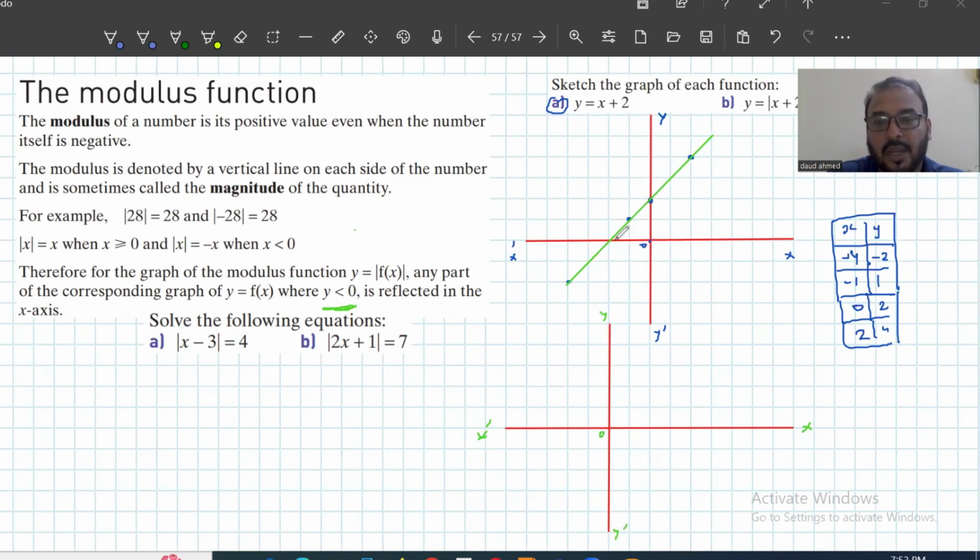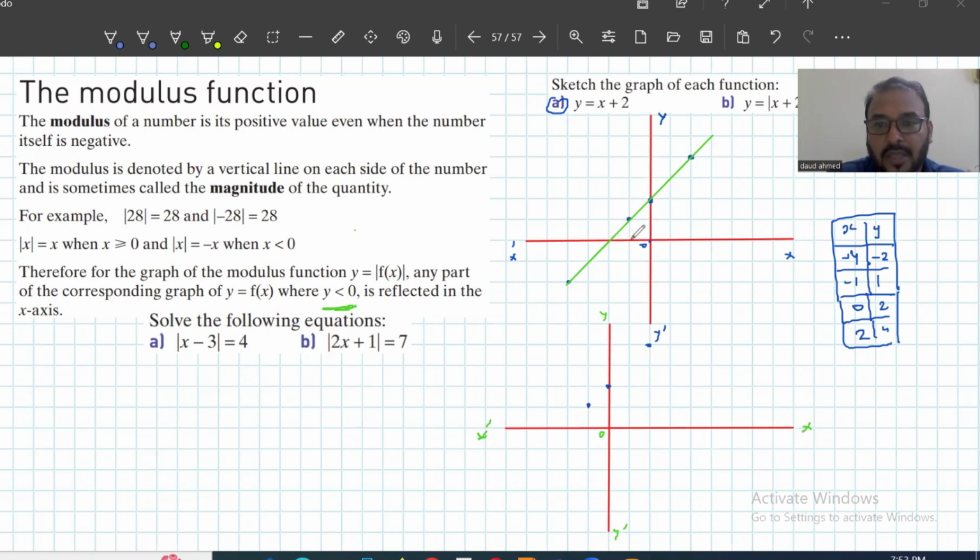For example, the values which are exactly above the x-axis will not change. For example, we have negative 1, 1, so I will keep that the same. So negative 1, 1 here, 0, 2 still remains the same, and then 2, 4, 1 2 3 4.